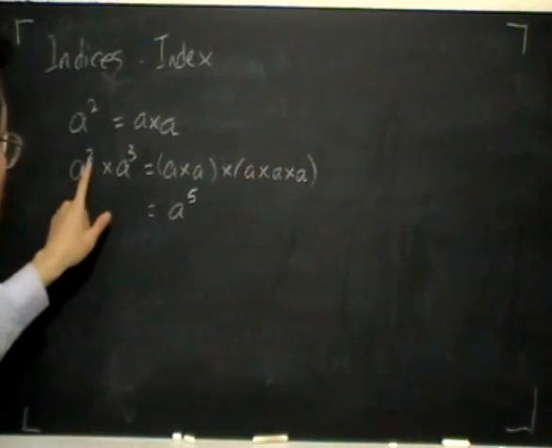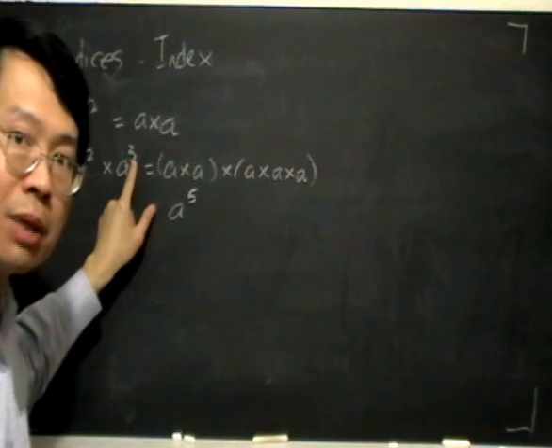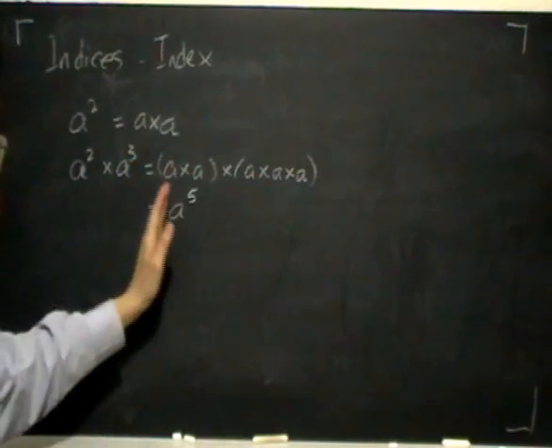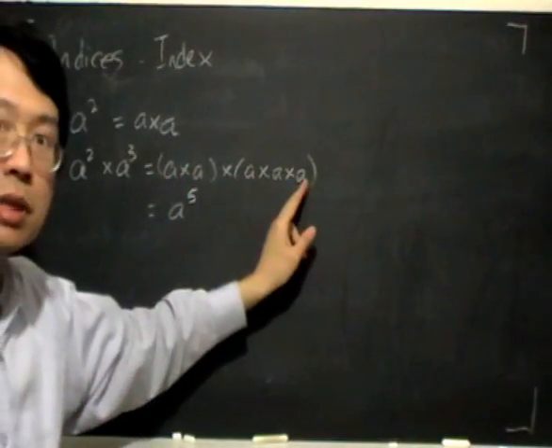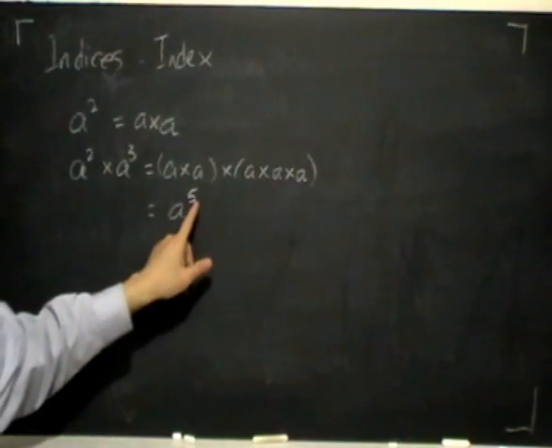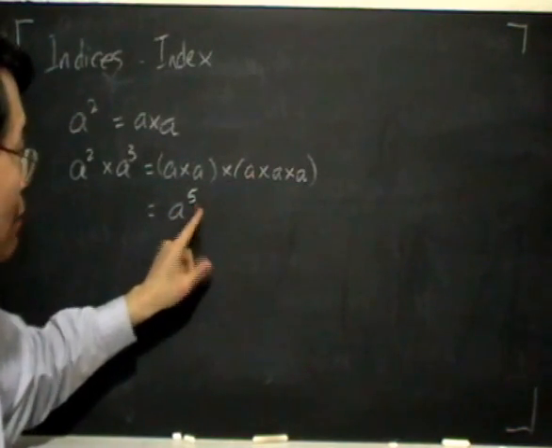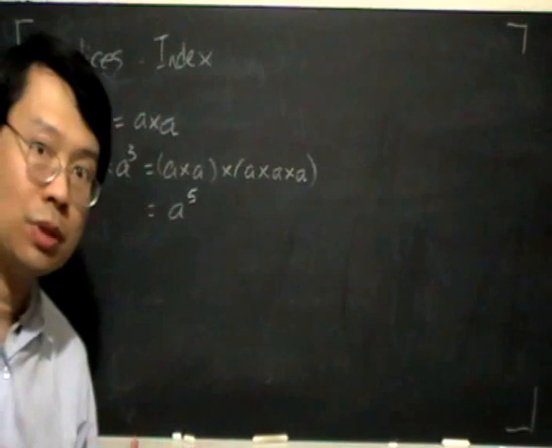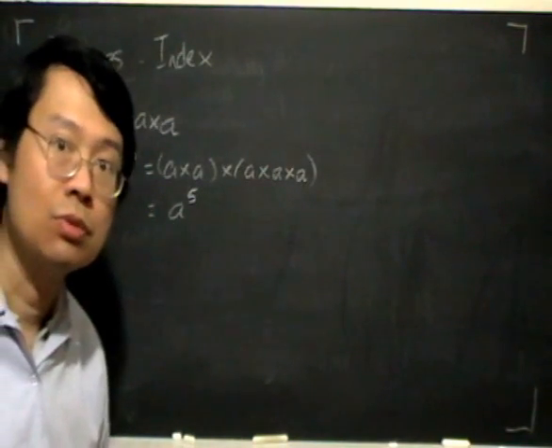The powers of 2 and 3, if you add them up, is 5, which is just the number of factors a when you write them out. And you get 5 when you count them. So the 5 here, you can also get simply by adding up the 2 powers, 2 and 3.